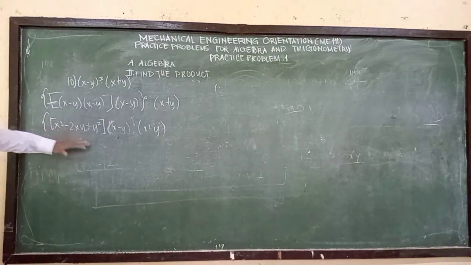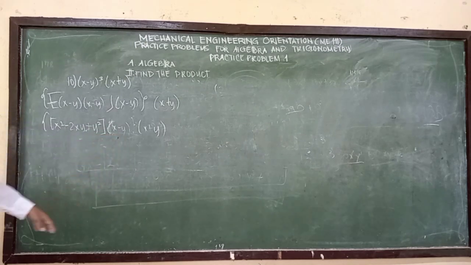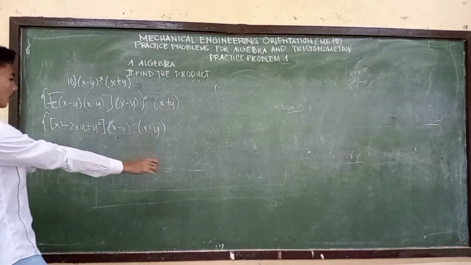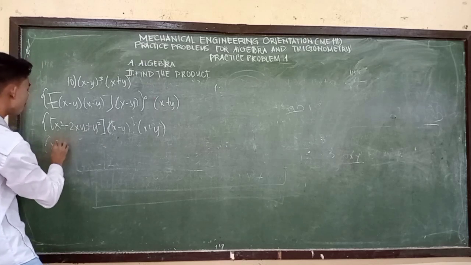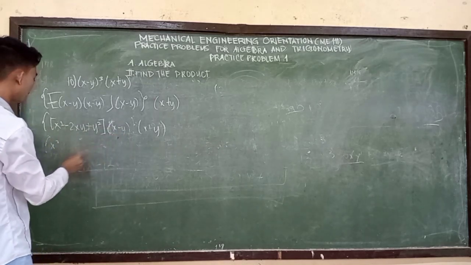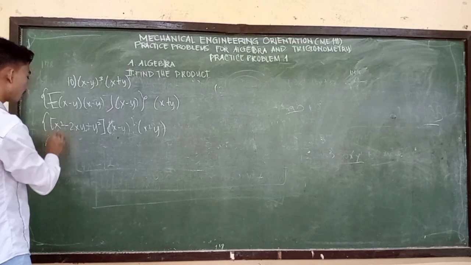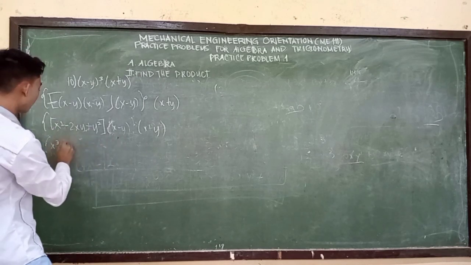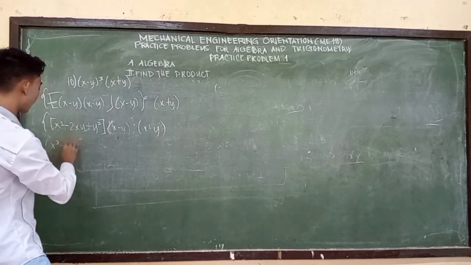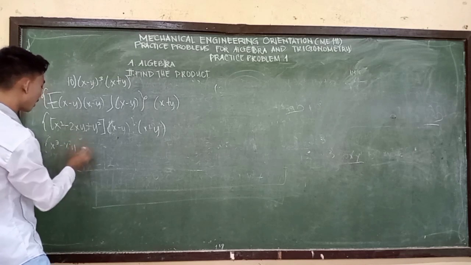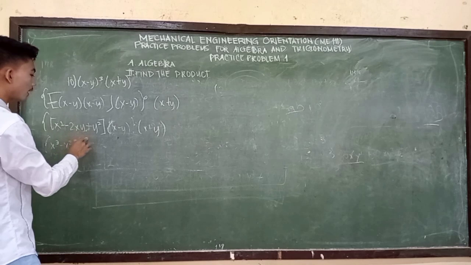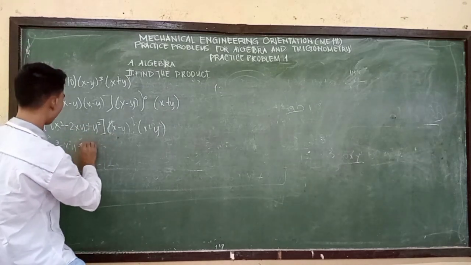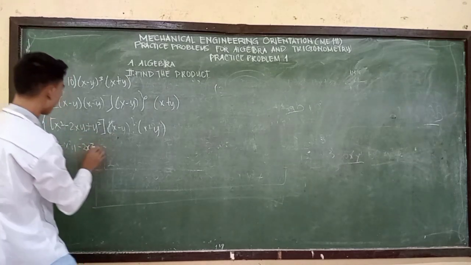And this time we will have to multiply this equation with this one. x squared times x is equal to x cubed. x squared times negative y is equal to negative x squared y. Negative 2xy times x is negative 2x squared y.